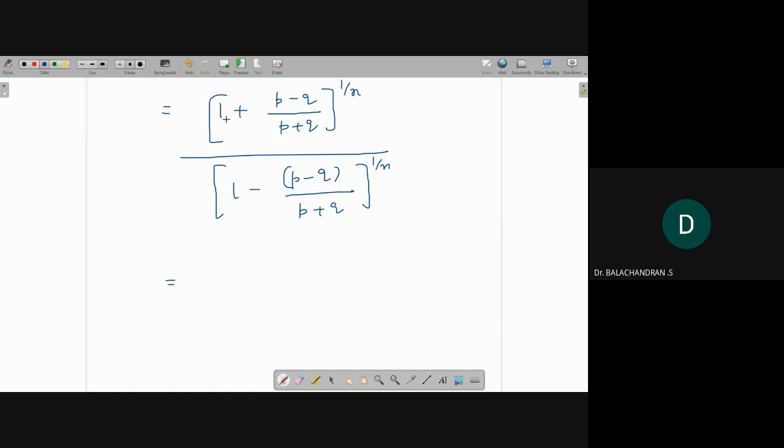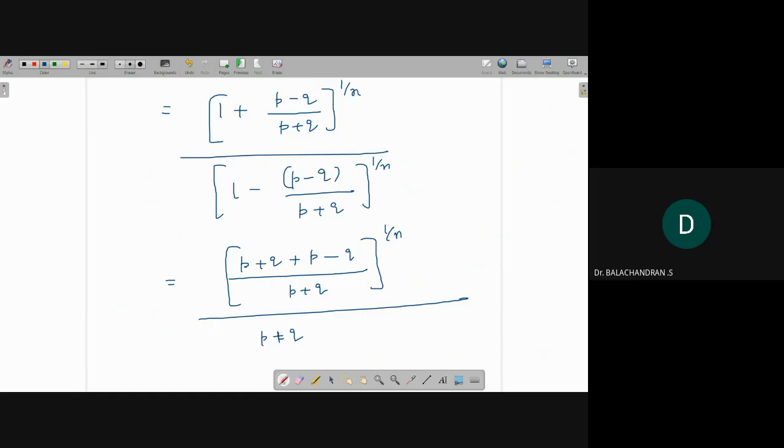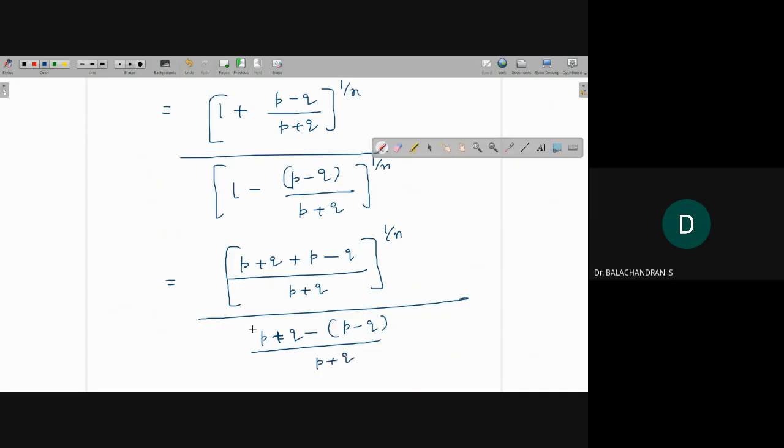So now if we take the LCM, the numerator is (P plus Q plus P minus Q) divided by (P plus Q) whole power 1 by n, divided by (P plus Q minus of P minus Q) divided by (P plus Q) whole power 1 by n.